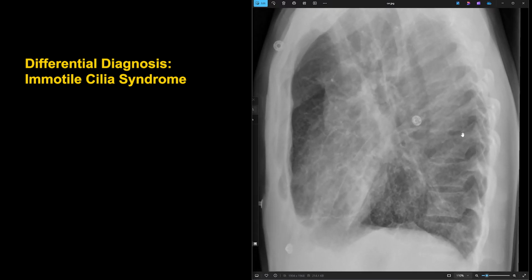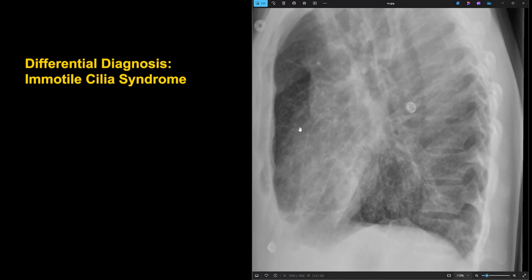On the lateral view, again, you can see this lower lung predominant disease with bronchiectasis and reticulation. Now, the situs inversus gives away the diagnosis here, but if we just had the lower lung predominant reticulation and bronchiectasis, it would be pretty hard to differentiate this from nontuberculous mycobacterium.